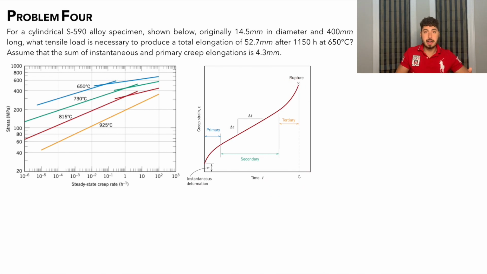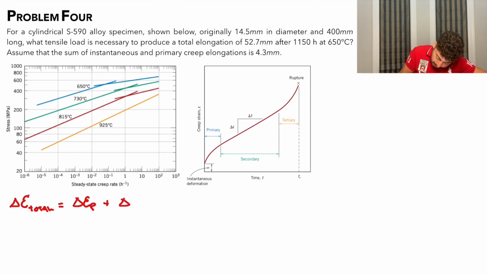So given this schematic, let's write down that fundamental equation, where our total creep elongation is equal to our primary creep elongation plus our secondary creep elongation, or our steady state, plus our tertiary creep elongation, otherwise known as our instantaneous.